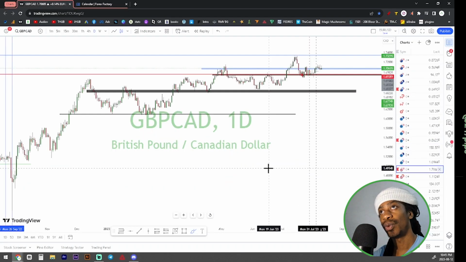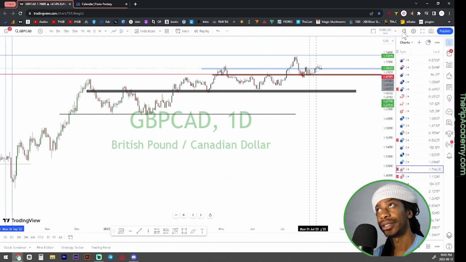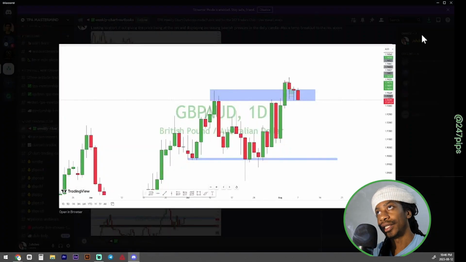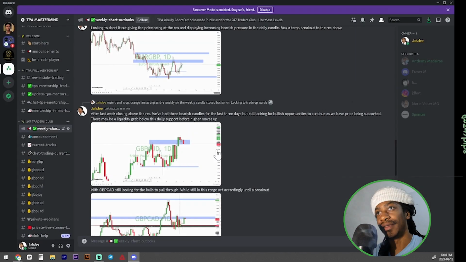And let's just go over the other pairs. So our next one would be Euro Australian. Let me just grab the right pair. Euro Australian, and we do have it marked up. So we do have the markup from breaking above the resistance, 3 candles back in it, not below it as of then.